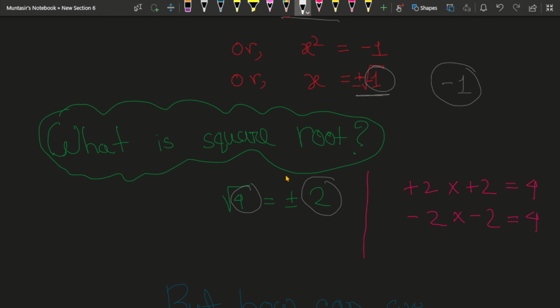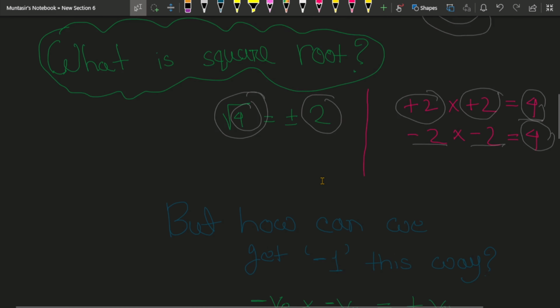For example, by square rooting 4, we get +2 and -2. That means if we multiply +2 by +2, we will get the number that we were square rooting in the first place, that is 4. If we multiply -2 with -2, we will again get +4. But in this case, we have -1.